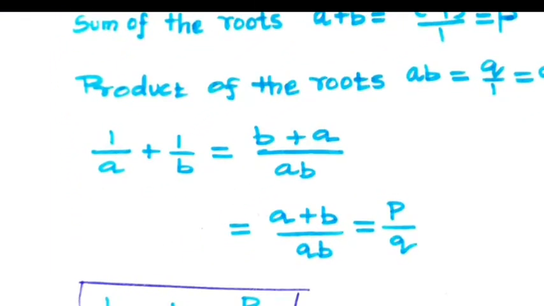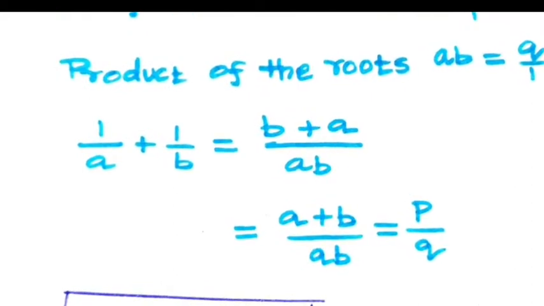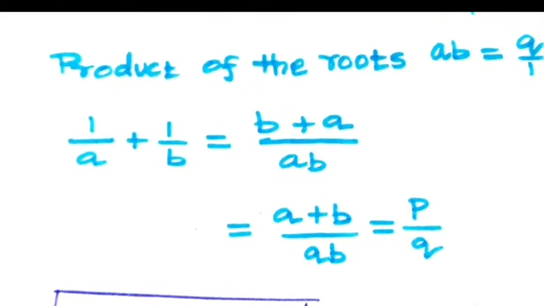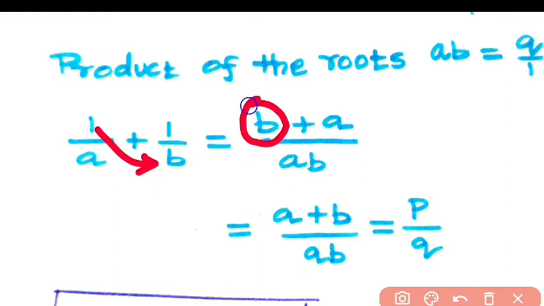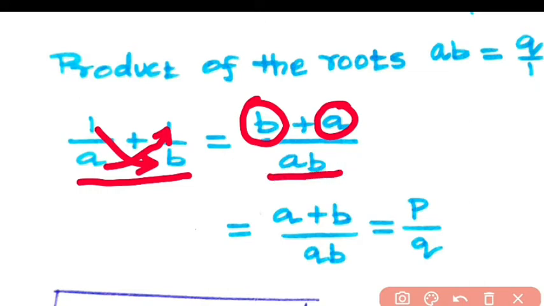Next, in the question itself they are asking to find the value of 1 by a plus 1 by b. So here I do cross multiplication. 1 into b, 1 into a, denominator a into b.